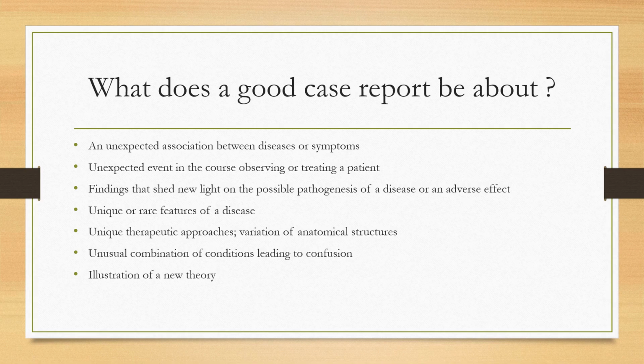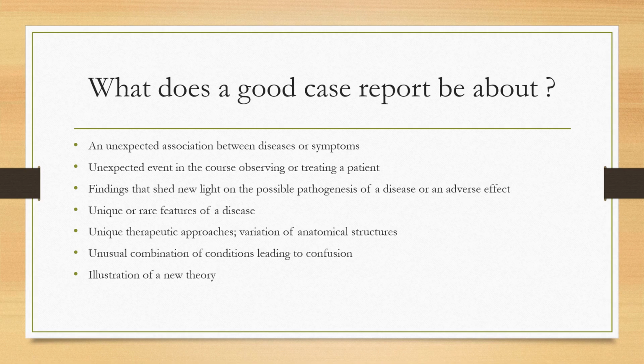For example, during the recent COVID pandemic, we came to know about anosmia, which was unheard of. And after some time, we came to know that these patients are also at high risk of thromboembolic illness. That was unexpected, but somebody took the time and effort to identify that and get it published.